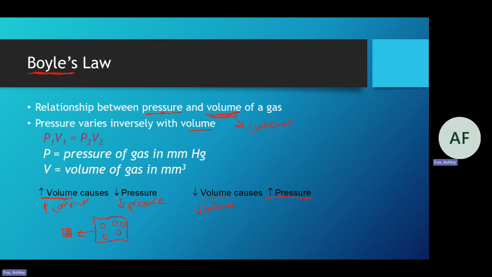When volume goes up, then pressure goes down. If volume goes down, pressure goes up. They're always going in the opposite direction. So volume is inversely related to pressure, and that's Boyle's law. Volume goes down, pressure goes up. Volume goes up, pressure goes down. Always opposite directions.